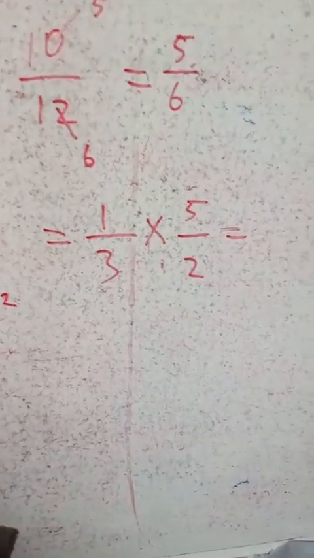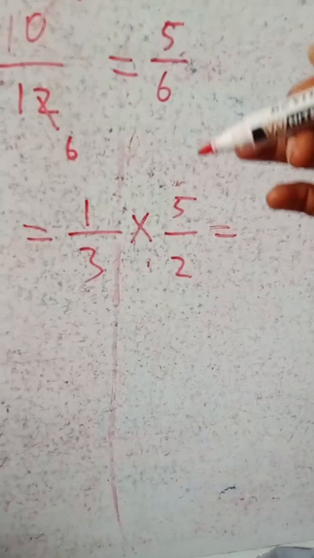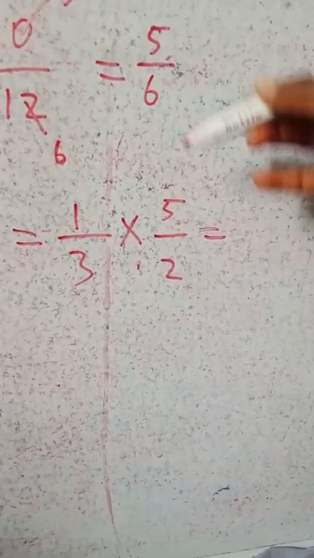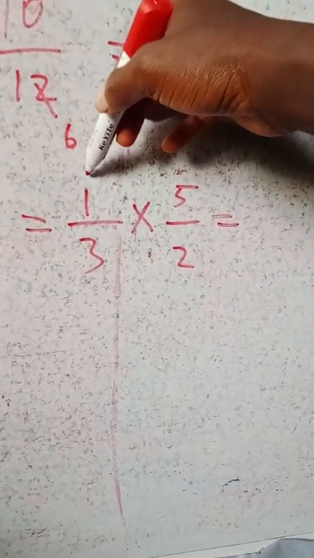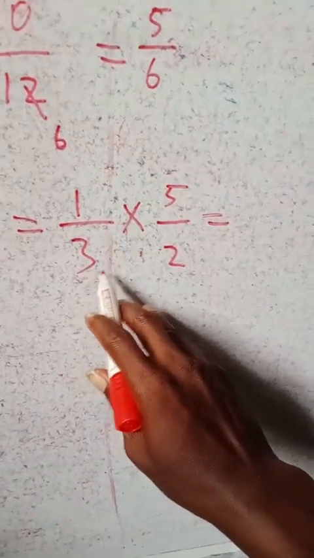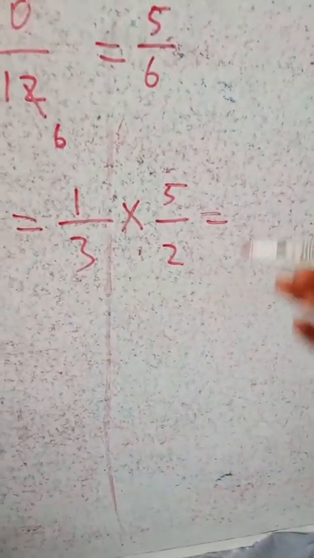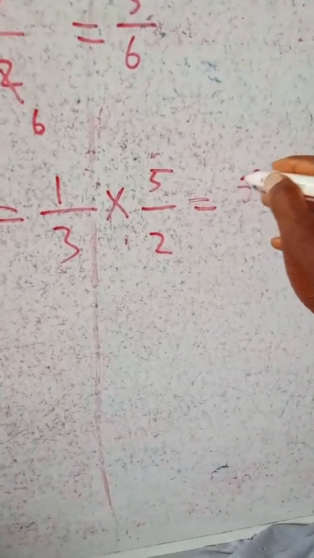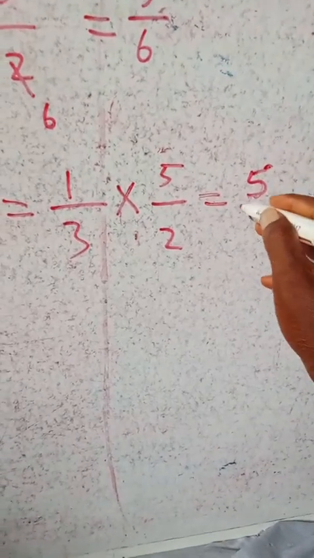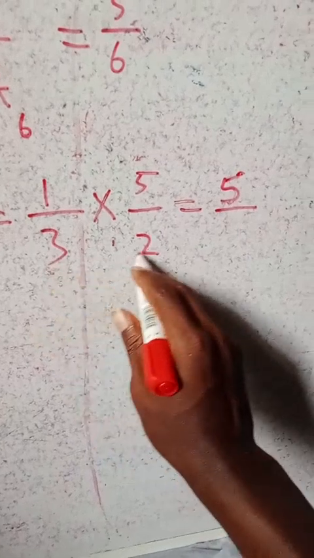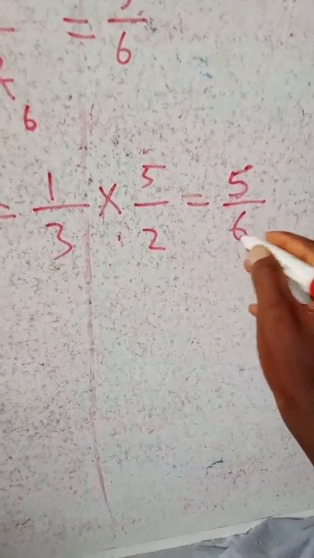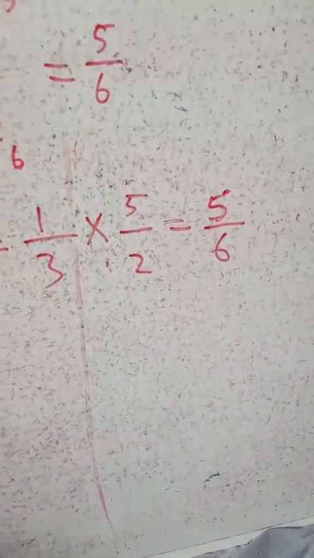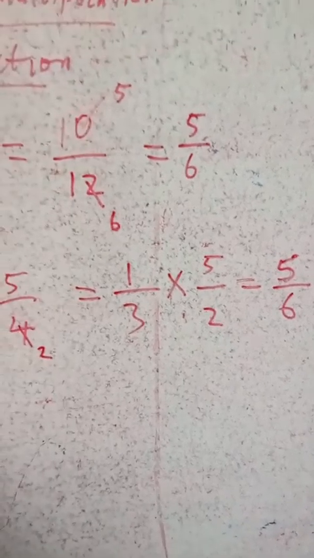So when you now do the normal multiplication, it is numerator to numerator, denominator to denominator. 1 times 5 is 5, all over 3 times 2, which is 6. Are you seeing it? It has the same answer.